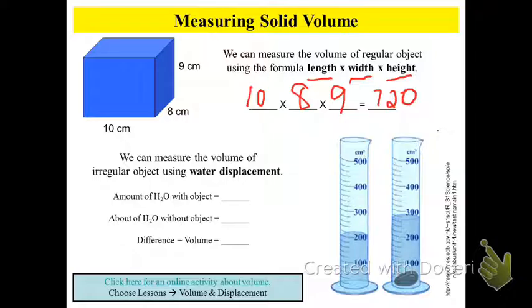Because we're multiplying three things, length times width times height, your units are not just centimeters, but cubed. It's three-dimensional. So hopefully that will remind you that when we're using volume, it's centimeters cubed.